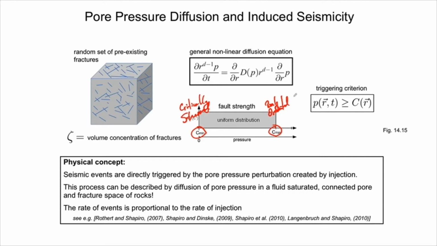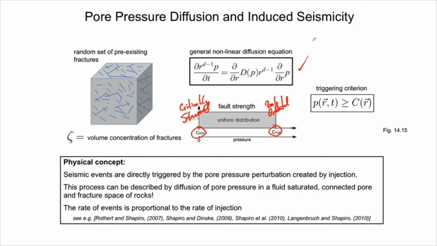Some of the faults are critically stressed because they're just at the right orientation for slip. Some of them are very poorly oriented. It assumes that the process causing the triggering is the diffusion of pore fluid through the medium as a function of time. So I check. I agree with that model.